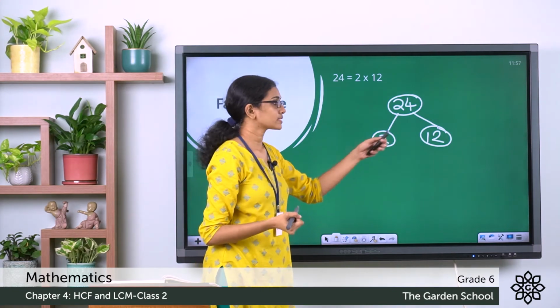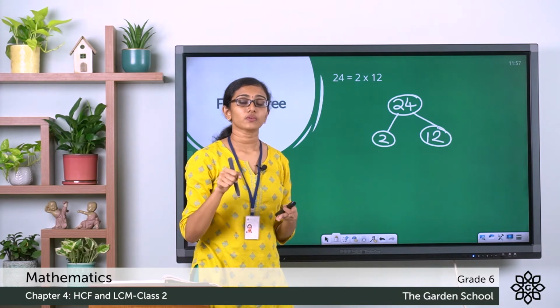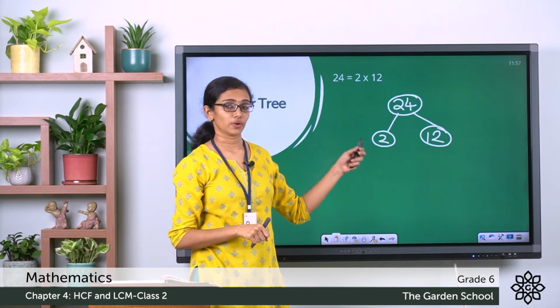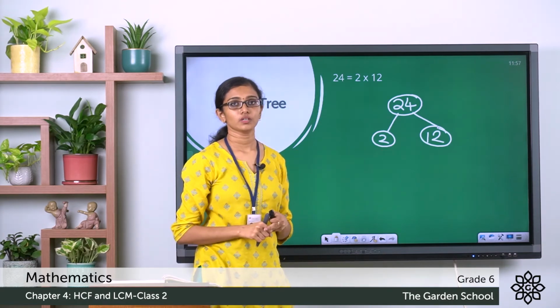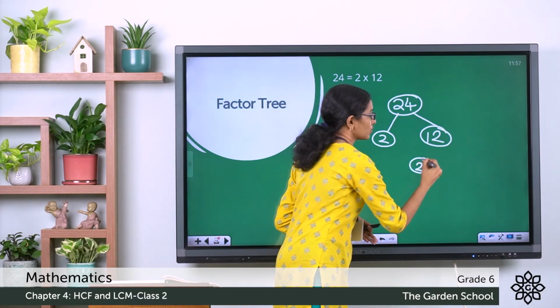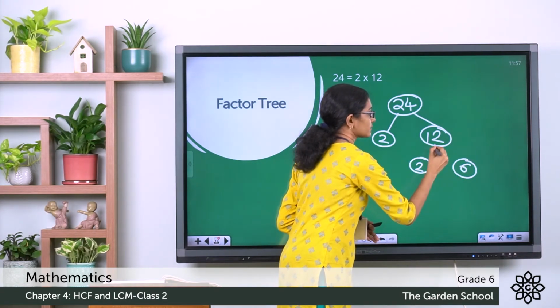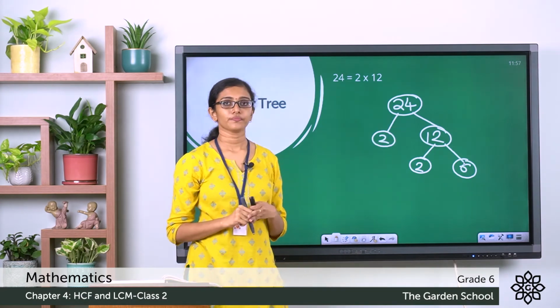Now you see 12 is a composite number. You are drawing the factor tree for the prime factorization of 24, so you need to break down this composite number 12. What is 12? 12 is equal to 2 into 6. So you need to put these factors inside circles and connect them with 12.